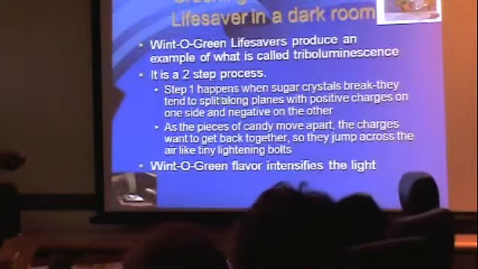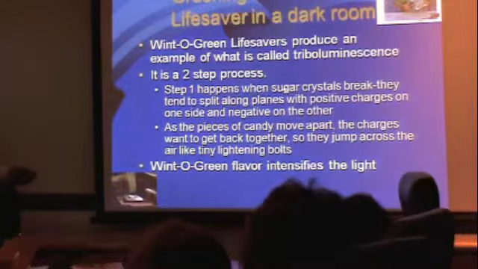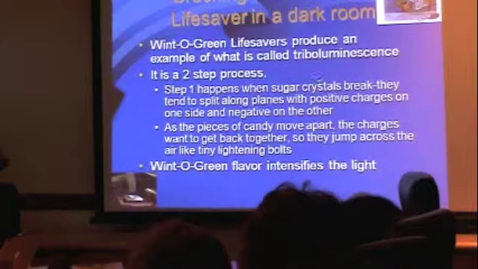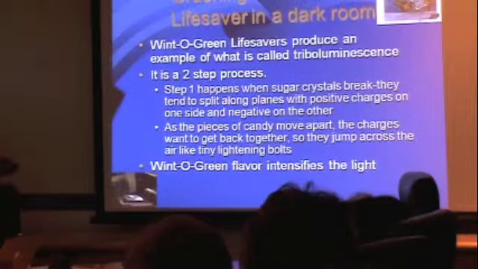So we want to understand what triboluminescence is. Maybe when you break it, there are positive charges on one side and negative on the other, and there is some kind of spark from positive to negative. As the pieces of candy move apart, the charges want to get back together and jump across like tiny lightning bolts.